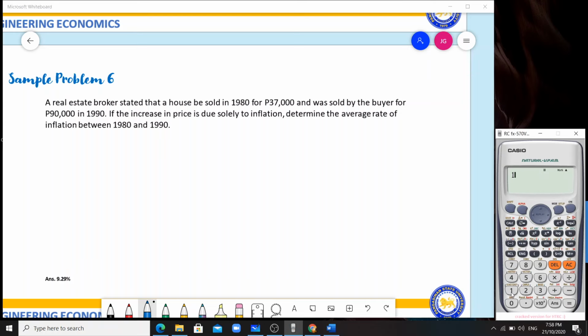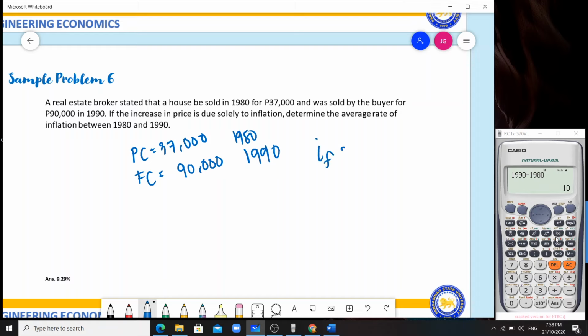So, 1990 minus 1980, 10 years yan, okay. Kung ang dating price niya is 37,000 noong 1980, ang future cost ng bahay is 90,000 na noong 1990, grabe yung tinaas. Ano daw yung inflation rate?